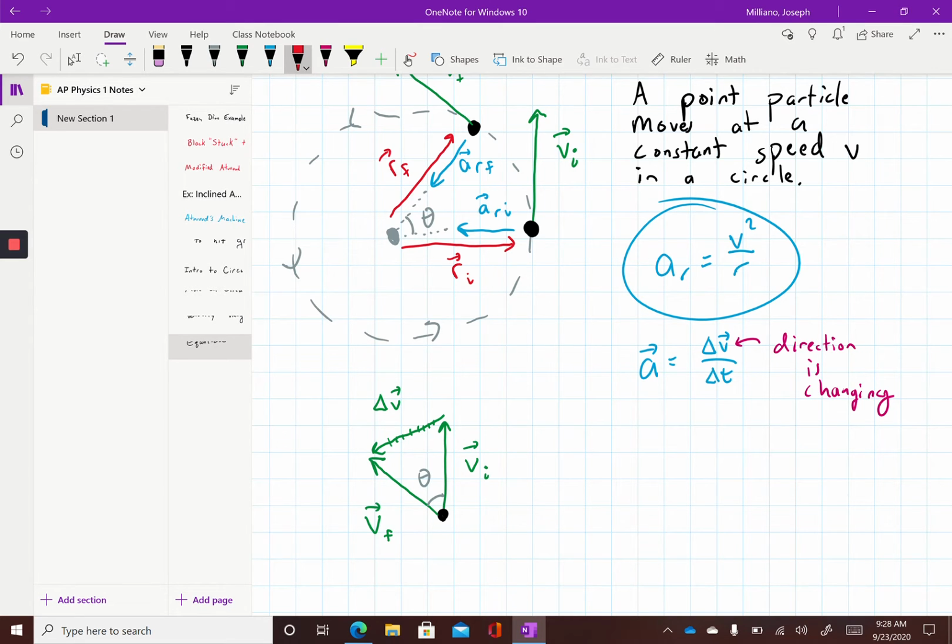And I want to draw that triangle next. And so our initial radial arrow looks like this. Our final radial arrow looks something like this. And the initial to final arrow, the change in direction, that displacement, looks something like this. And again, as we can see directly from the picture now, this is that angle theta.